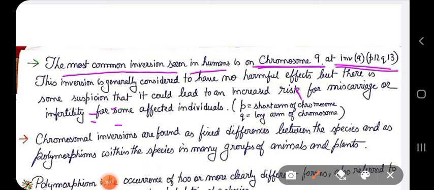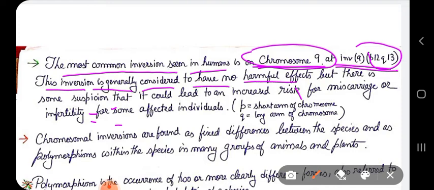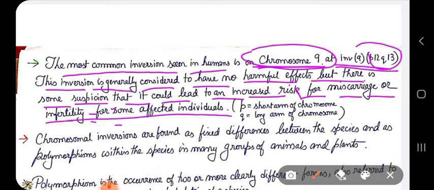So the most common inversion seen in humans is on chromosome number 9 at positions P12 and Q13, where P refers to the short arm of the chromosome while Q refers to the long arm. Okay, on that position, inversion has been observed in humans. Now, this inversion is generally considered to have no harmful effects, but there is some suspicion that it could lead to an increased risk for miscarriage or infertility for some affected individuals.